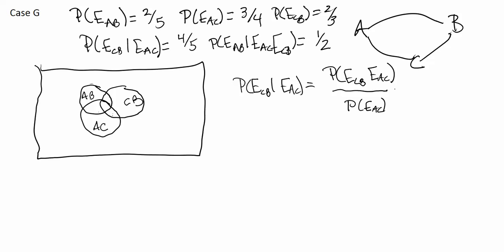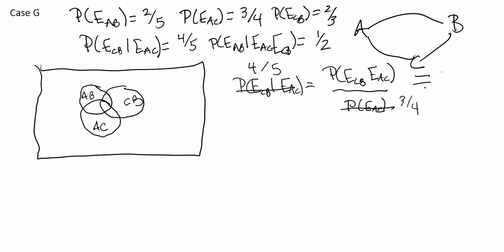That's just applying the definition of conditional probability. But now we know that that's equal to 4/5, and AC we were given is 3/4. Then all we have to do is multiply 4/5 by 3/4, and we'd have the probability of CB and AC being open, and that's just equal to 3/5.